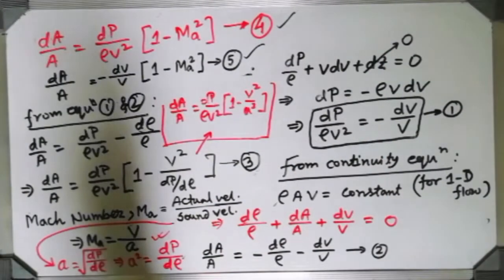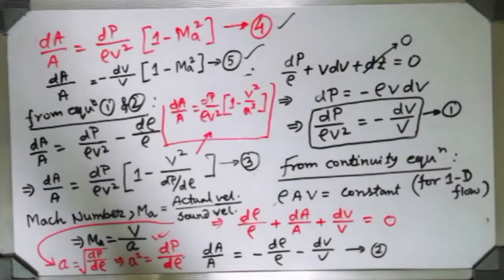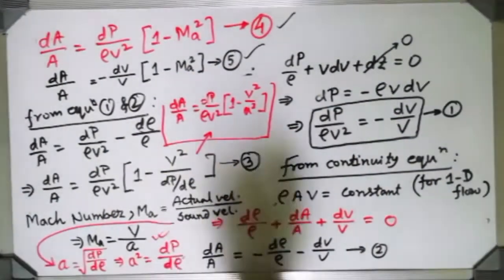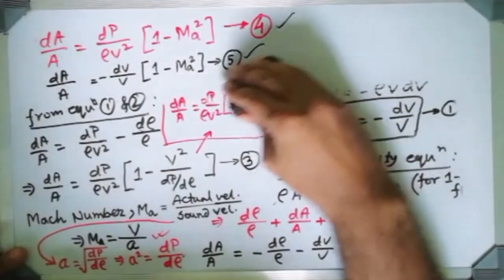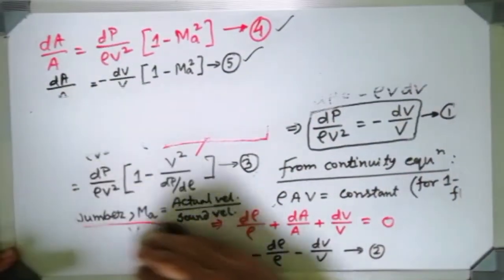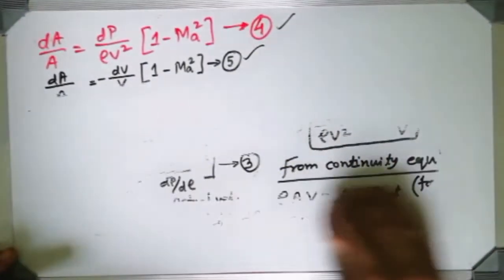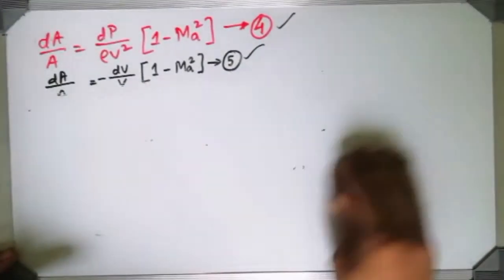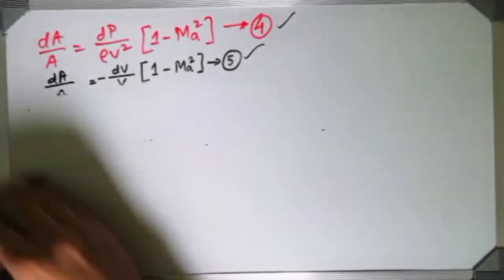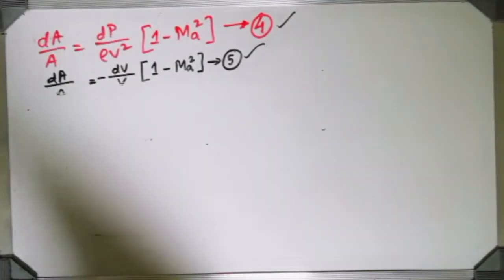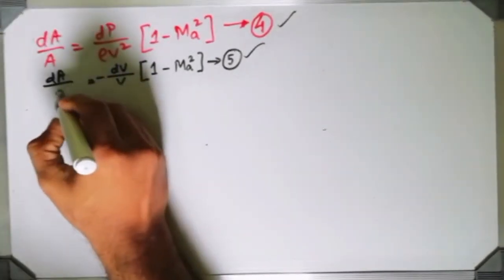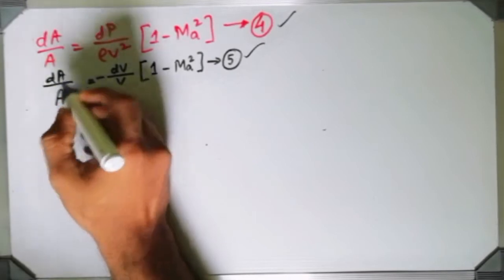Now I can wipe out this part, because this part is not needed now, because the final relationship is already derived. If you have any confusion up to this, then please ask. From these two relations, what we can see is the change in area with respect to initial area.